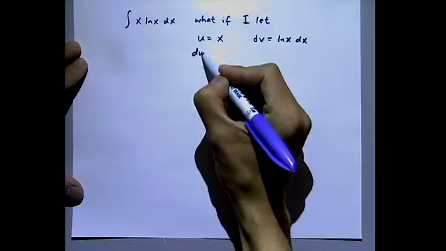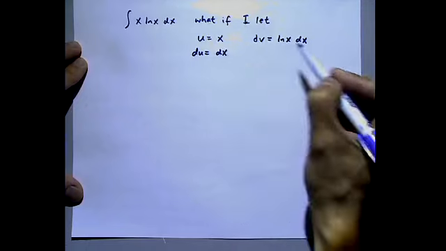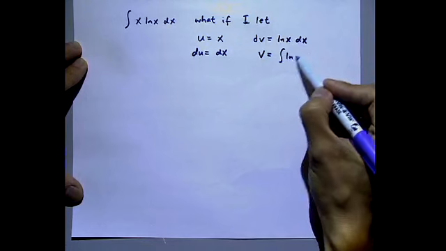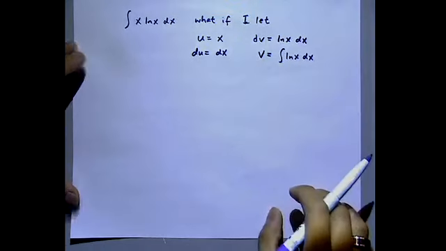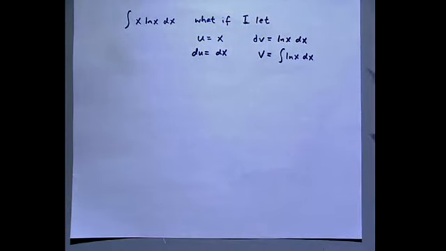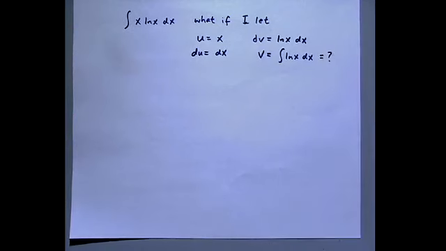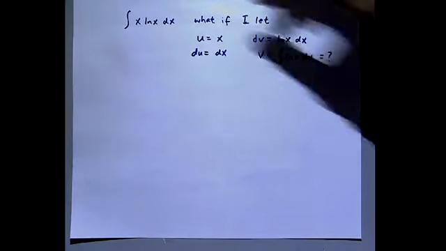Then du is simple. When I get to this part here, now I get into a little bit of trouble. The integral of natural log of x. Derivative of natural log of x is simple, but integral is not. This is not a trivial thing here. So what we end up having as a problem here is something that's not much easier than what we started with.